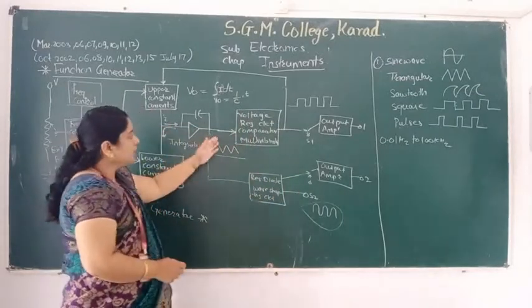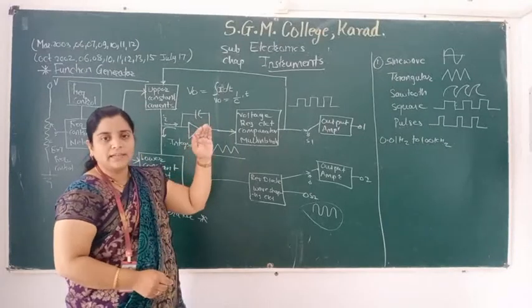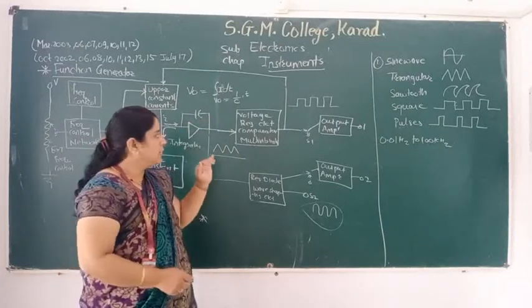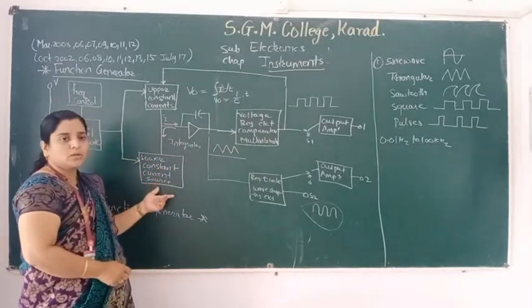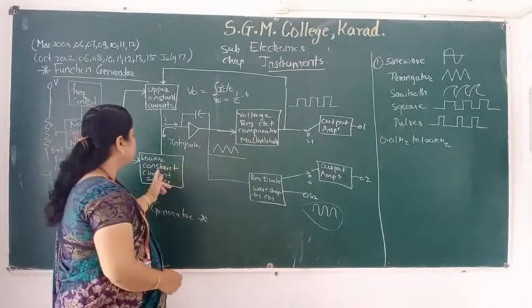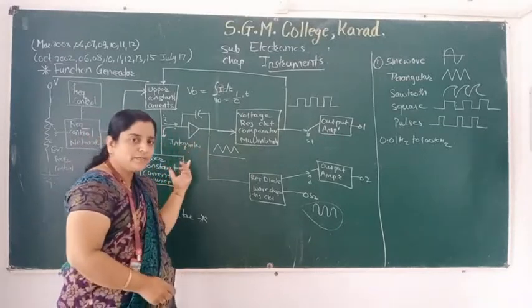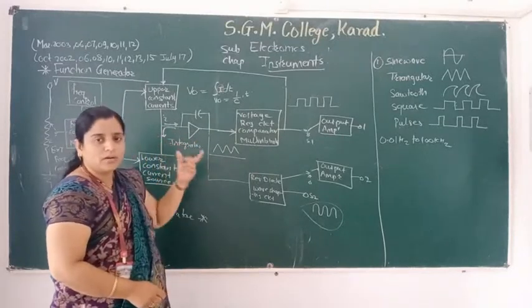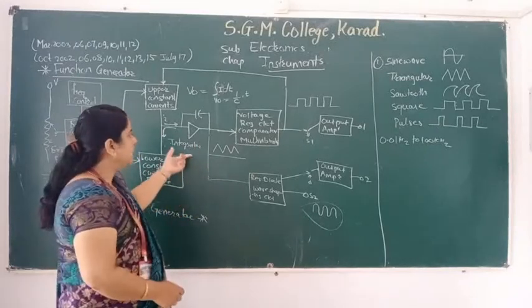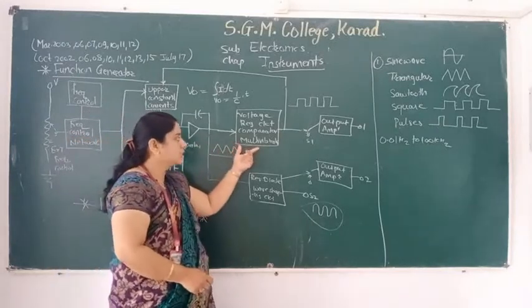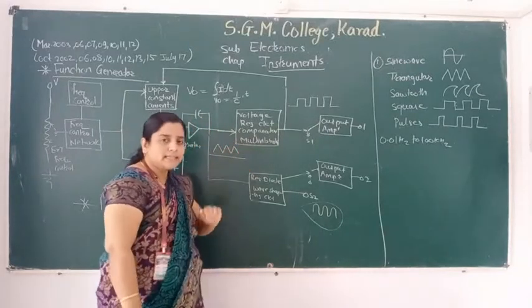Similarly, it will increase the voltage up to a certain level. After that level, it switches off and goes back to the lower constant current source. In the lower constant current source, this current is given to the integrator, but in the reverse form. Therefore, the voltage will not increase with respect to time. It will decrease with respect to time, and that is given to the comparator, and it will decrease to a certain level.